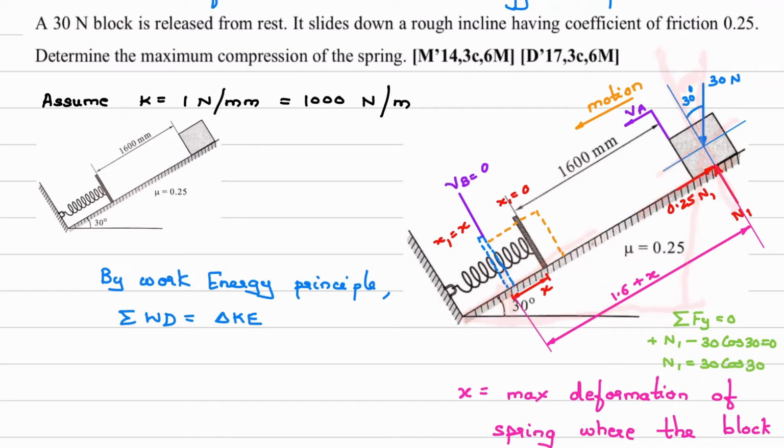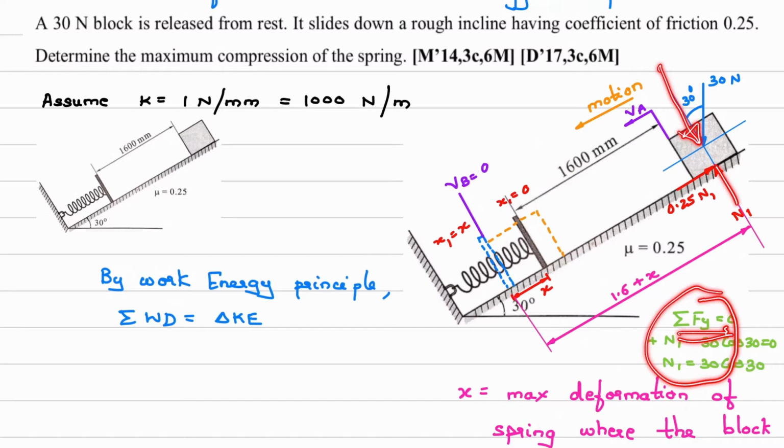So if you consider this as y-axis, what will be the component of weight? It will be 30 cos 30. Same thing I have shown over here, small analysis is shown. Summation of Fy is equal to 0.